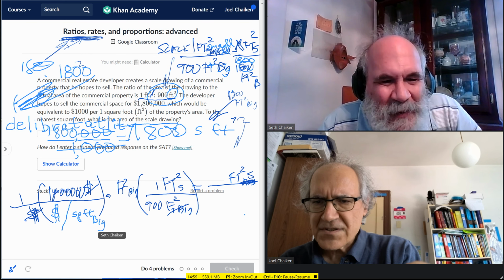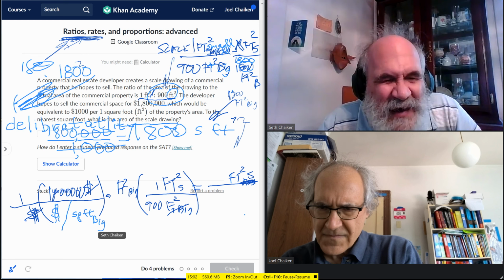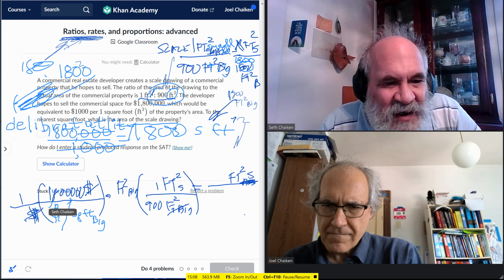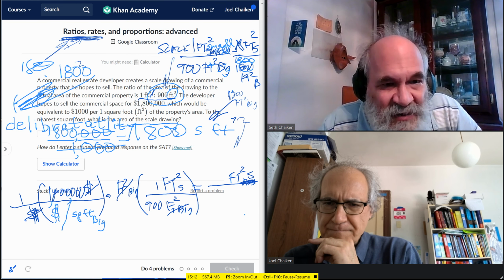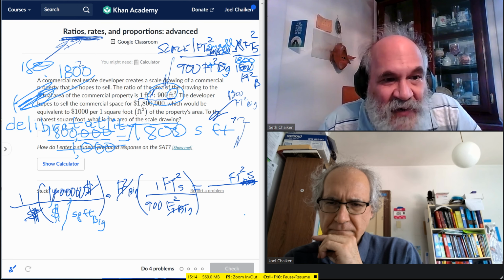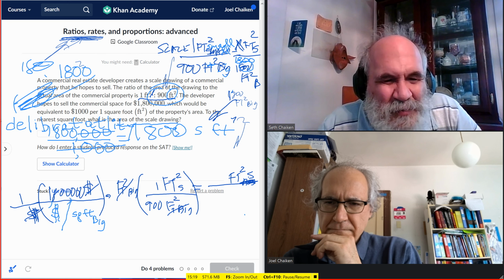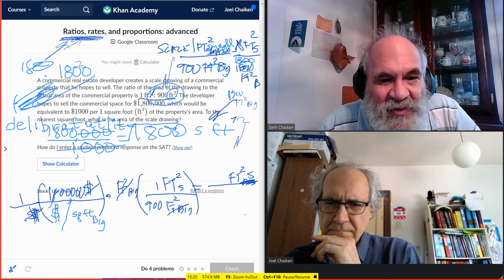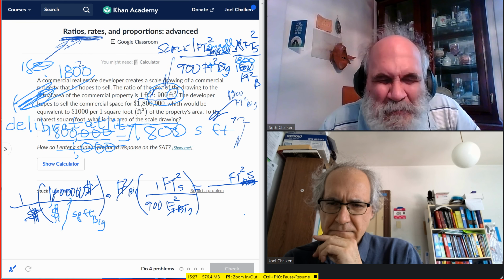We want the dollars. You have 1,800,000. Divide that by the number of dollars per square foot big. That is equal to the amount of square foot big.